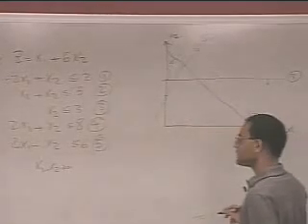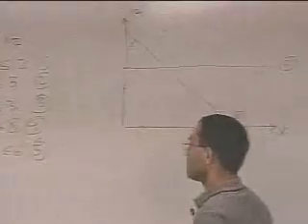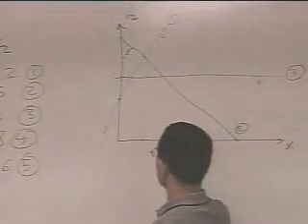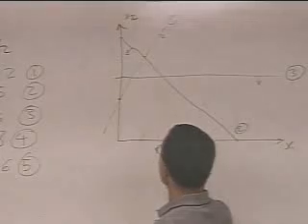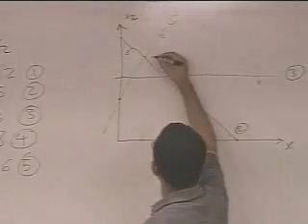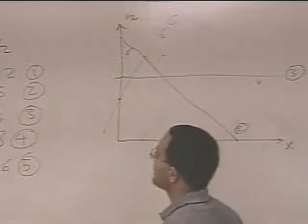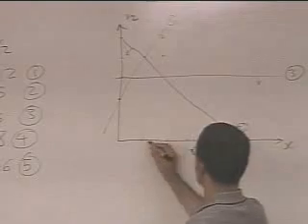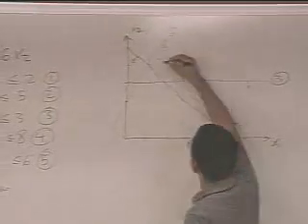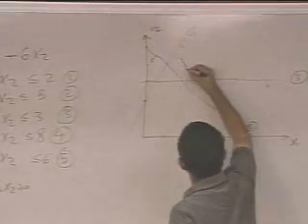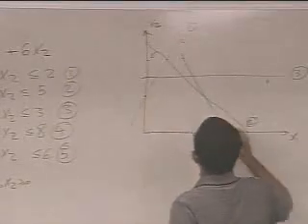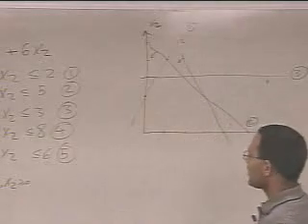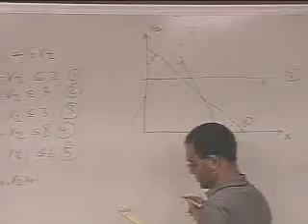And then the fourth constraint would be if we put x1 equals to 2, then x2 would be 4, somewhere here. And then we put x1 equals to 4, this one would be 0. So it would be something like this. And then the last one looks like this.